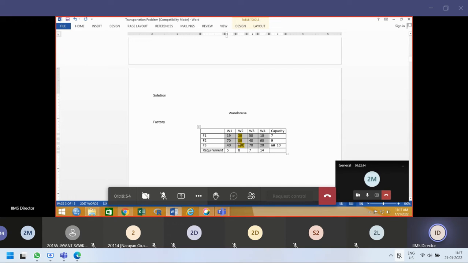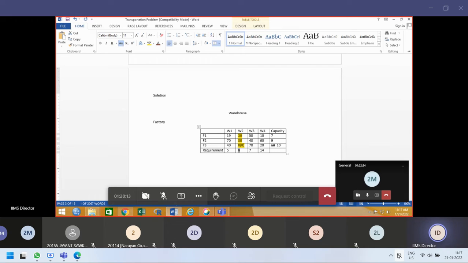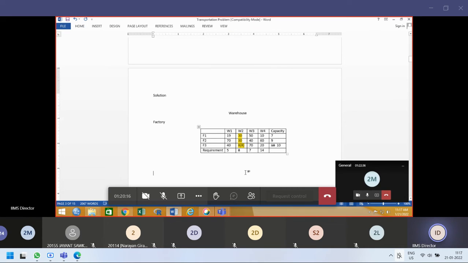From the cost matrix only, I selected the first minimum and allocated whichever is less, either requirement or capacity. So here this is less, so this is allocated here. Okay, finish. Now this is blocked.